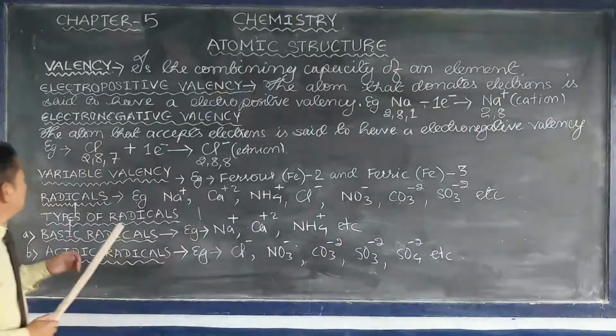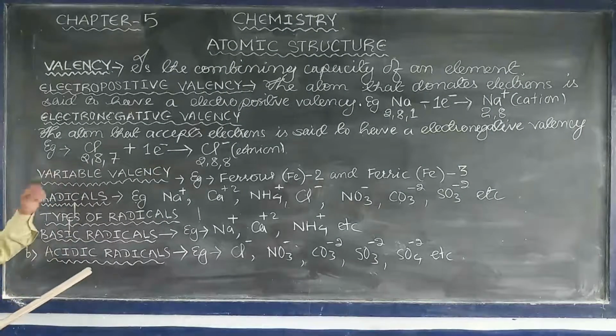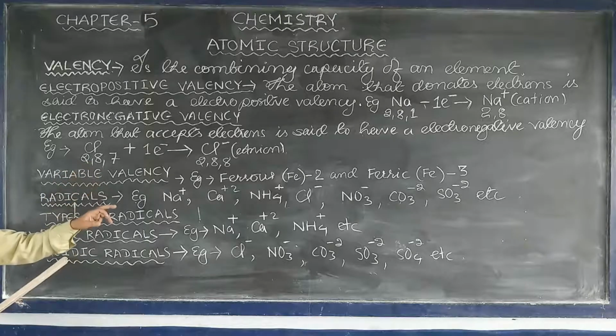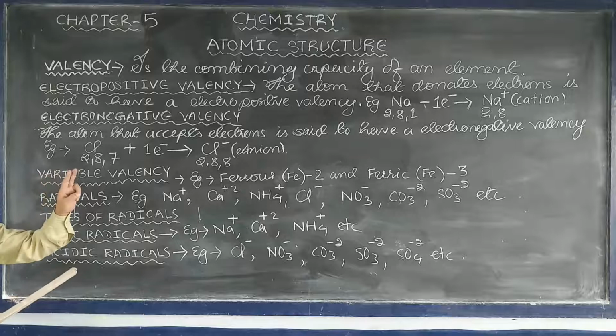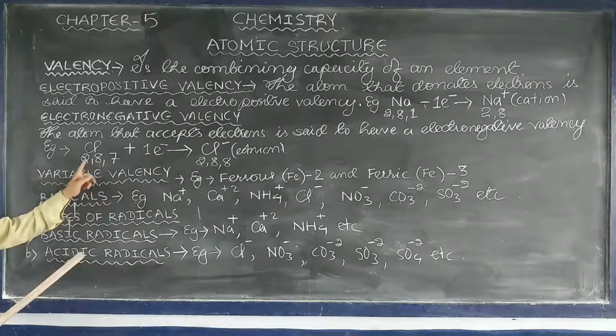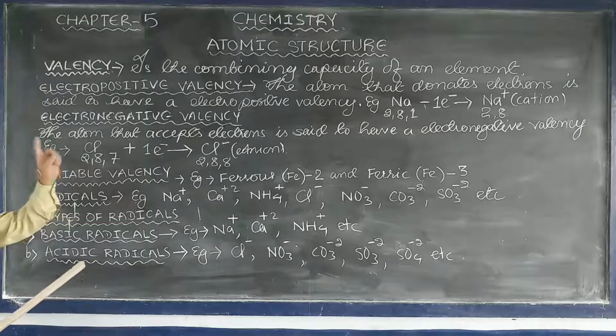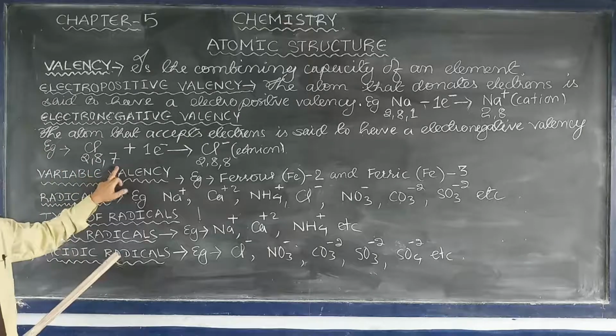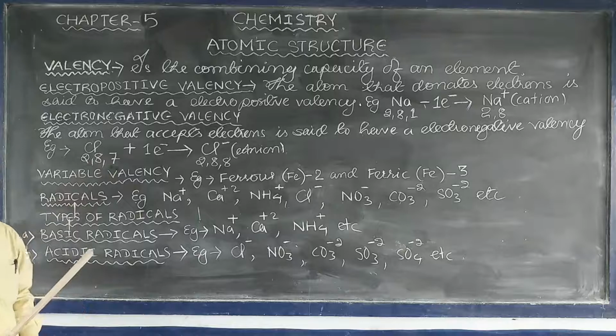For example, chlorine: its atomic number is 17 and its electronic configuration is 2, 8, 7. First shell accommodates only 2 electrons, second shell 8, 2 plus 8 is 10, 17 minus 10 is 7. So its outermost shell has 7 electrons, so chlorine is a non-metal.